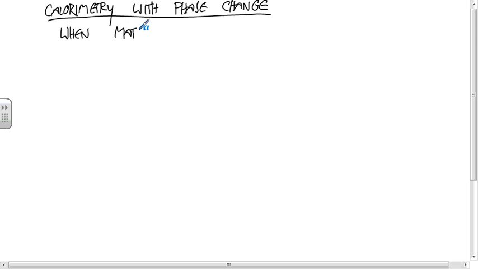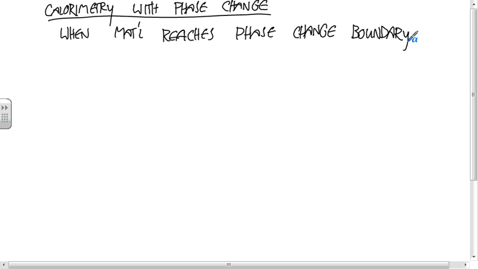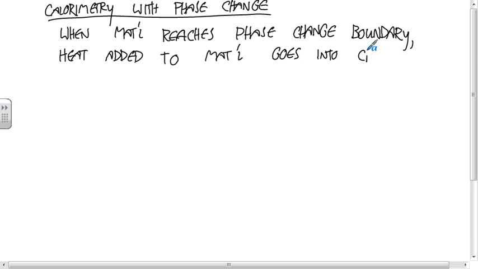When a material reaches a phase change, any phase change boundary, heat added to the material goes into changing the phase, not increasing the temperature.